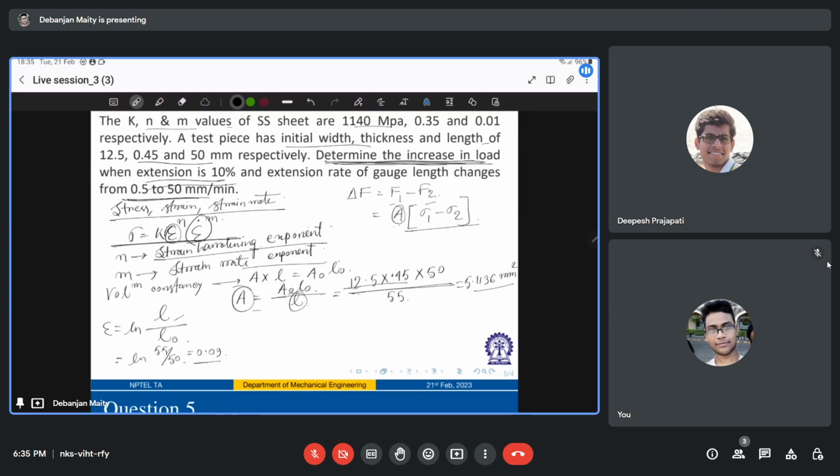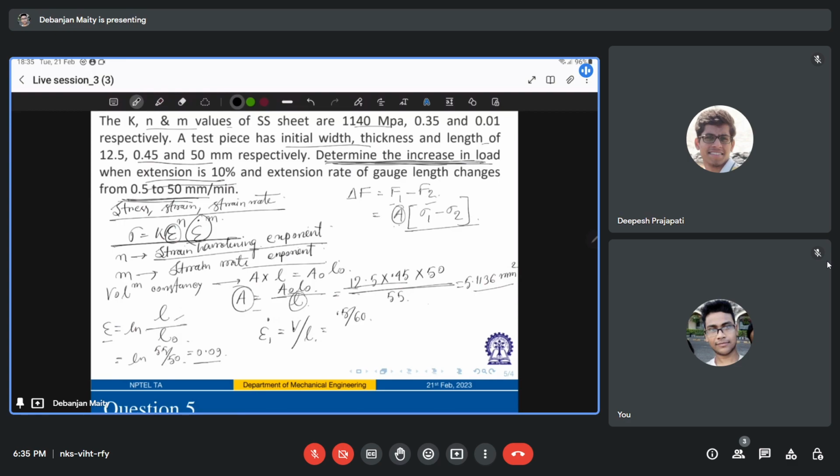Now, if you have found this epsilon value, then these two values of strain rates are given. So one is epsilon 1 dot, which is V by L, and the strain rate is coming as 0.5 by 60.